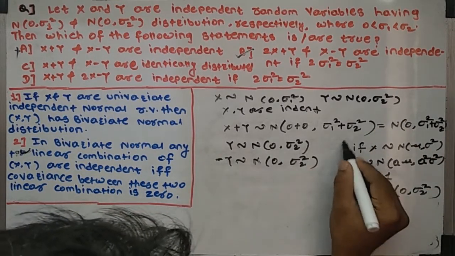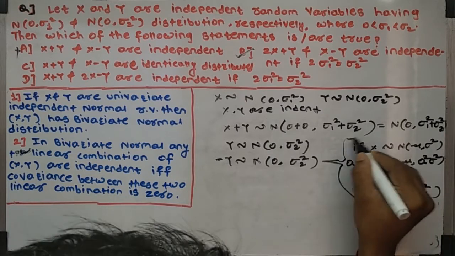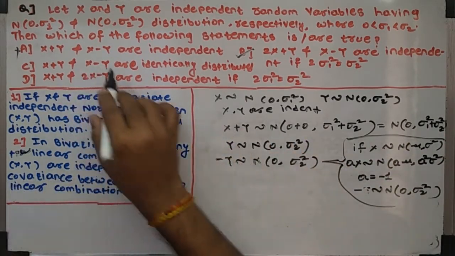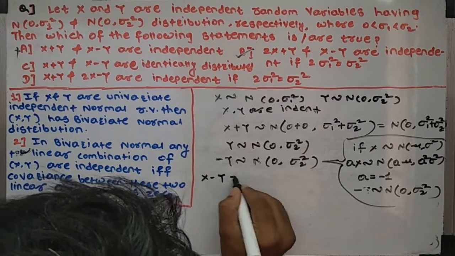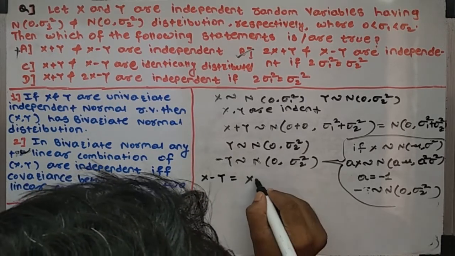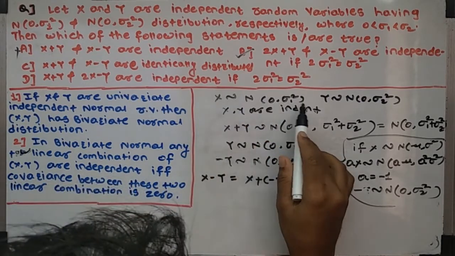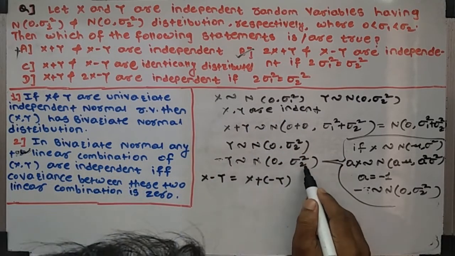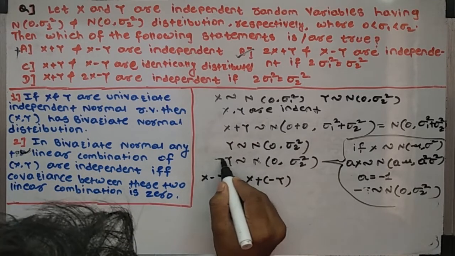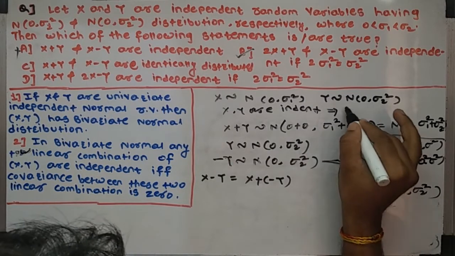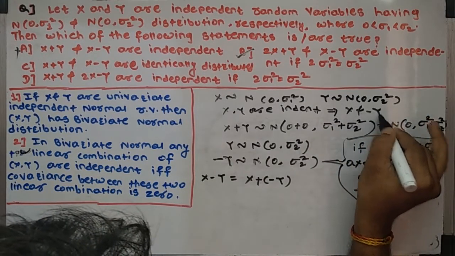So by this result, we need the distribution of x minus y, which is equal to x plus of minus y. We know x follows normal 0 comma sigma 1 square and minus y follows normal 0 comma sigma 2 square. X and y are independent, which implies that x and minus y are also independent.